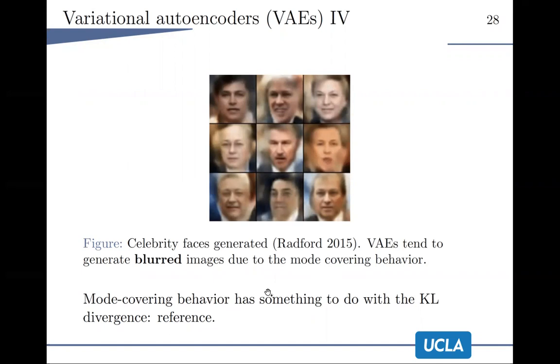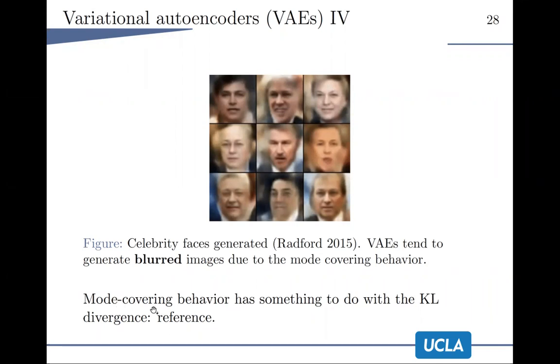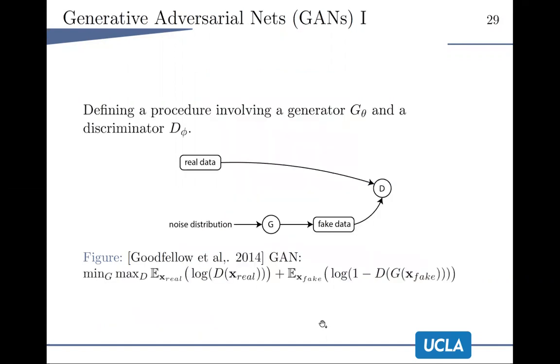This is said to be because of the mode covering behavior, which we are going to discuss more later when we talk about generative adversarial nets. The mode covering behavior has something to do with the KL divergence. I'm putting some references I found here.